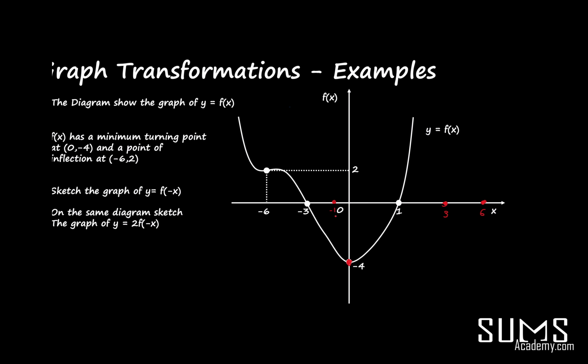But the y values are going to stay exactly the same. So this positive 2 here is still going to be a positive 2 over here. Okay? So again, this is going to be like a mirror in the y-axis, right? Or the f of x axis.